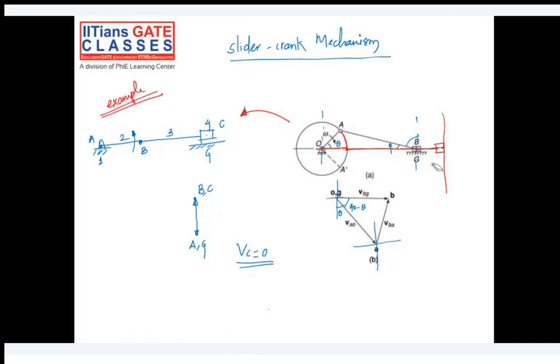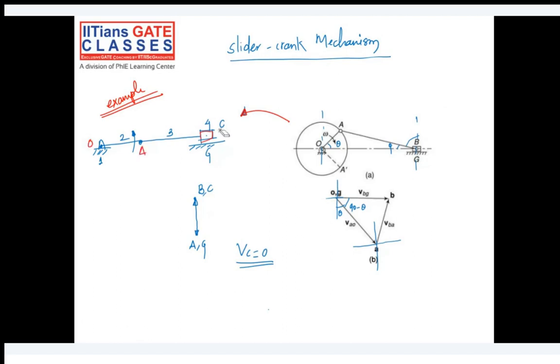Okay, good. Now you can clearly understand that the point C has reached here. In this case I will write the labels according to this figure itself to make you feel more comfortable.